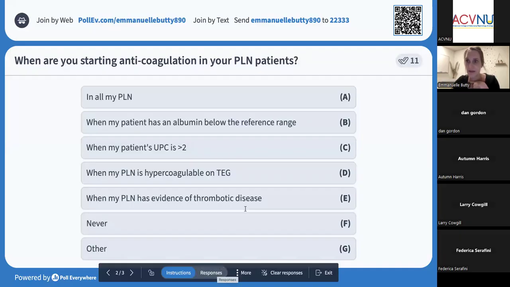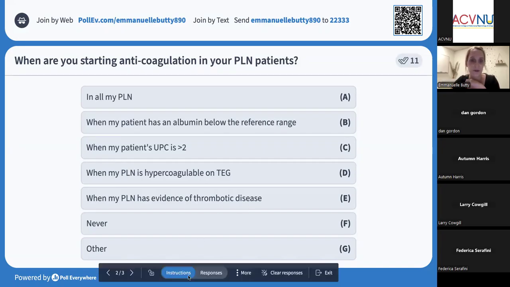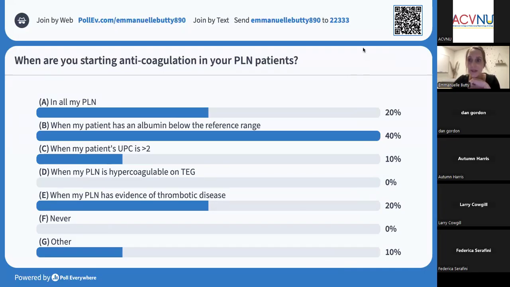Great, so we have 11 answers so far. And things are stabilizing. So let me see what people answered. The majority of people answered when my patient has an albumin below the reference range. Otherwise, sort of similar in all my PLN and when my PLN has evidence of thrombotic disease.